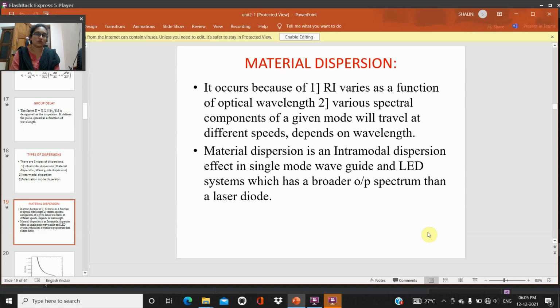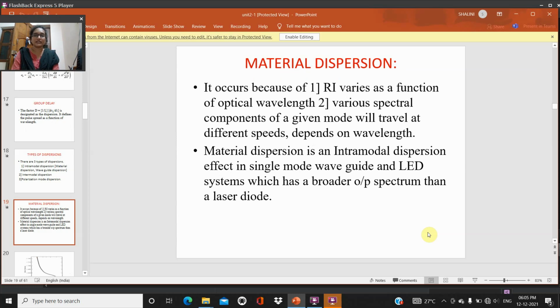Material dispersions. How do material dispersions occur in intramodal dispersions? It occurs because the refractive index varies as a function of optical wavelength, where spectral components of a given mode will travel at different speeds depending on wavelength.